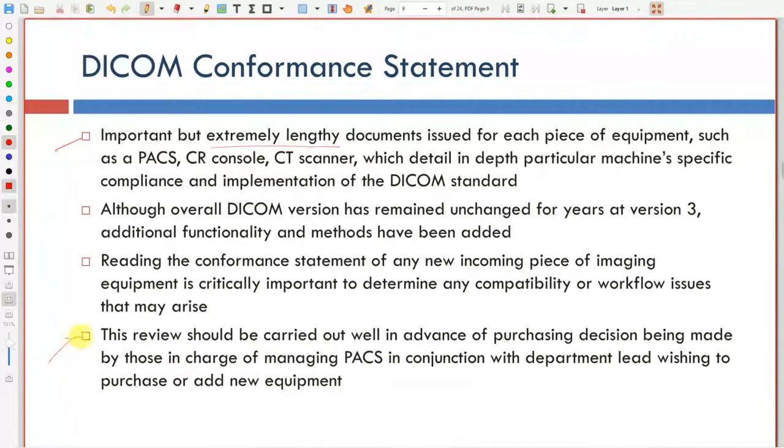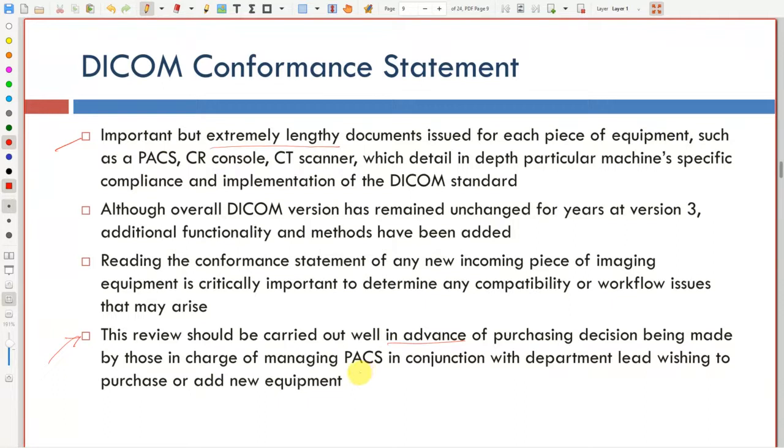And it's extremely important to realize that this review should be carried out well in advance of the purchasing decision being made by those in charge of managing the PACS, in conjunction with the department lead wishing to purchase or add new equipment. So if you are the biomedical engineer, then you'll probably be the technical person in charge of managing the PACS installation.